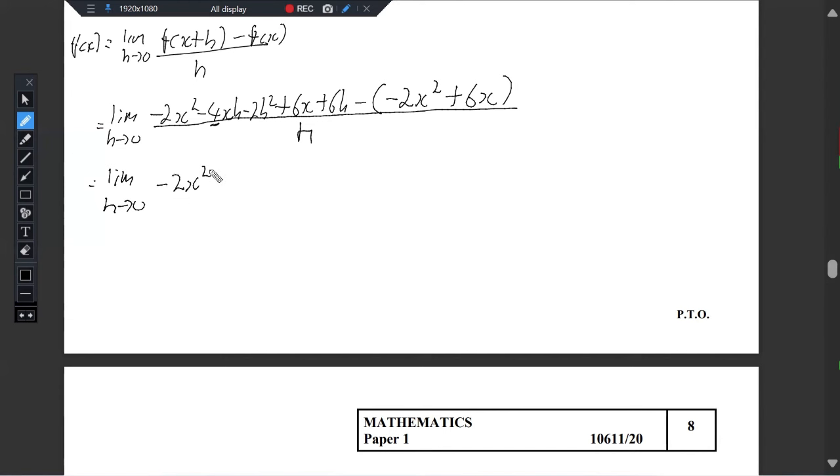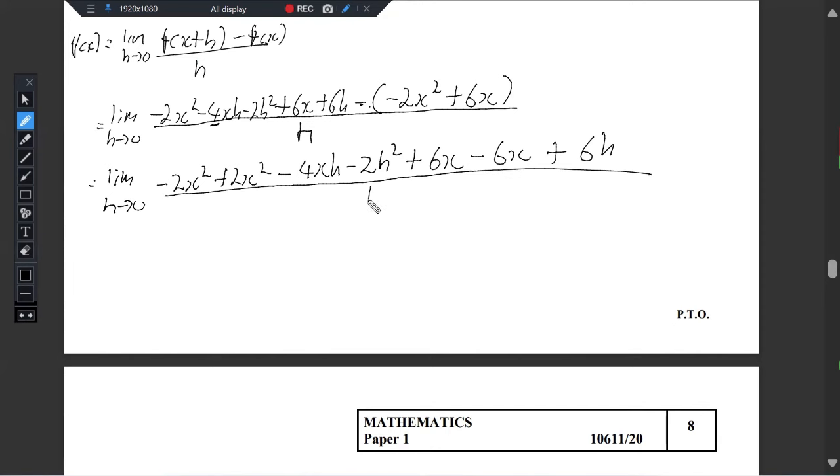Then negative 2x squared will cancel out with that 2x squared. So negative and negative is positive. Then we have minus 4xh minus 2h squared plus 6x, which should cancel out with this negative, and positive is negative. So 6x. Then we have a plus 6h. So all over h. Then this is lim h approaching 0. Cancel this, cancel that. We are left with negative 4xh minus 2h squared plus 6h over h.